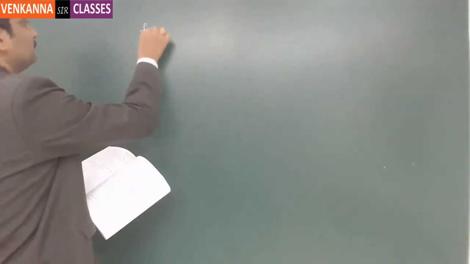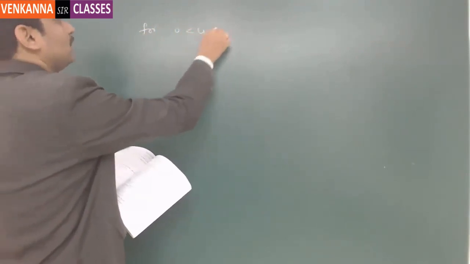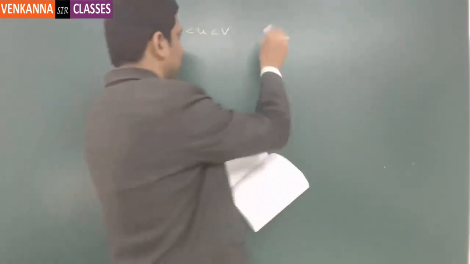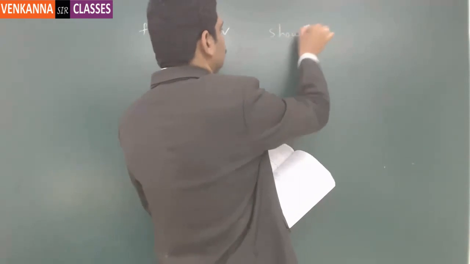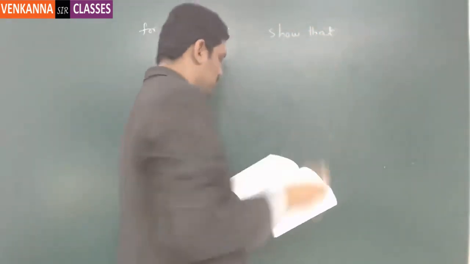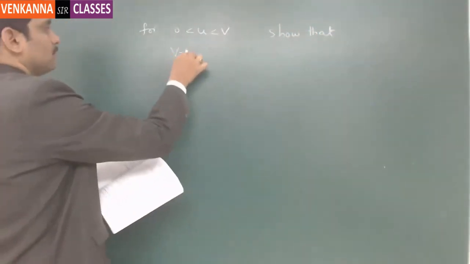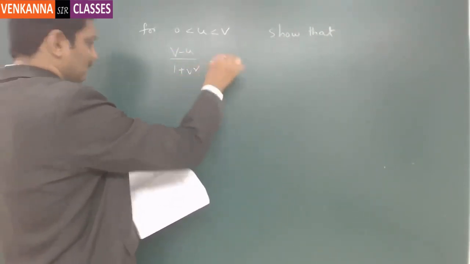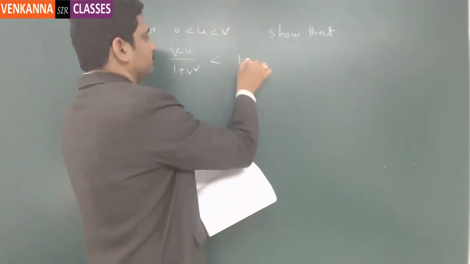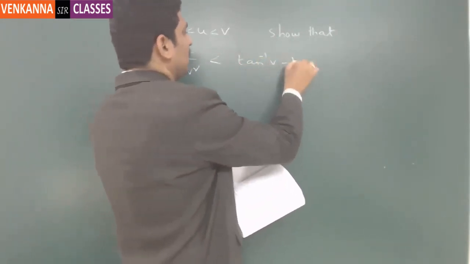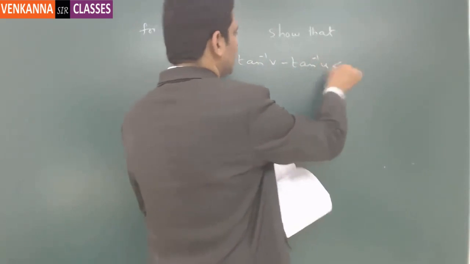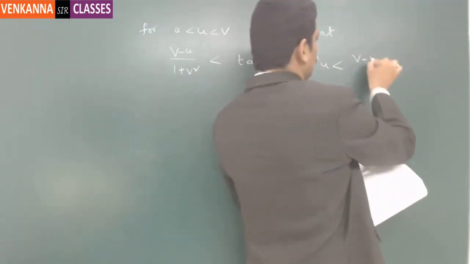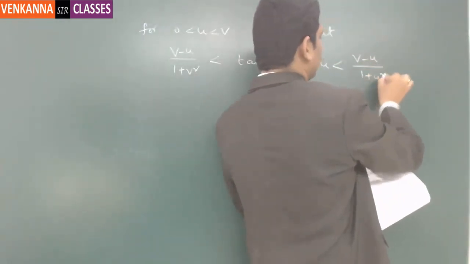So this is the problem. For 0 less than u less than v, show that v minus u by 1 plus v square is less than tan inverse v minus tan inverse u is less than v minus u by 1 plus u square.